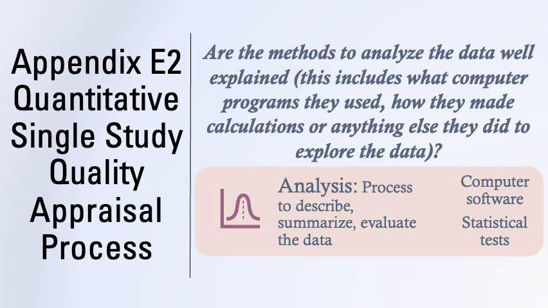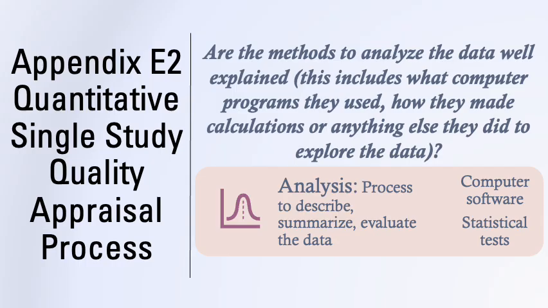This question is asking us to appraise the data analysis methods used in the quantitative study. Data analysis is the systematic process used to describe, summarize, and evaluate the data for the purposes of creating greater meaning from the data. When appraising the data analysis methods in quantitative studies, you should look for the authors to specifically state the software that was used to aid analysis.